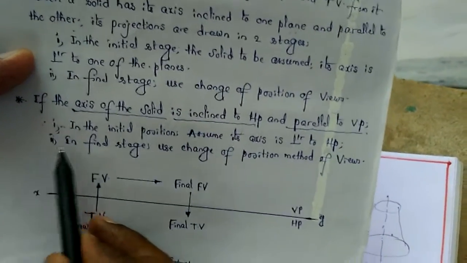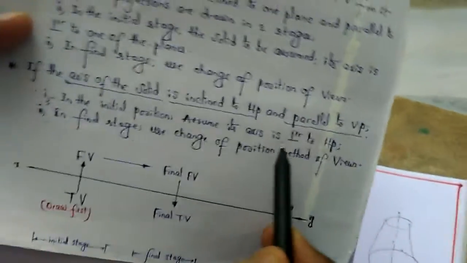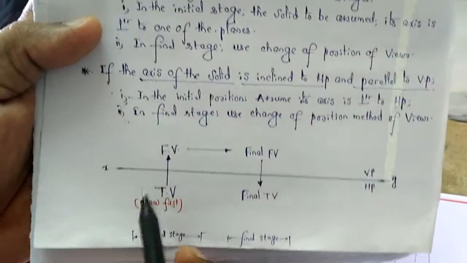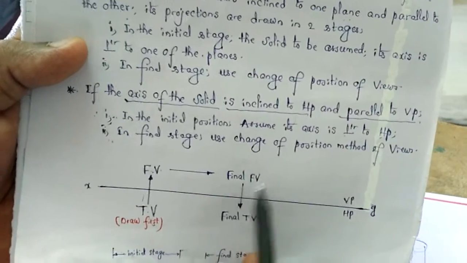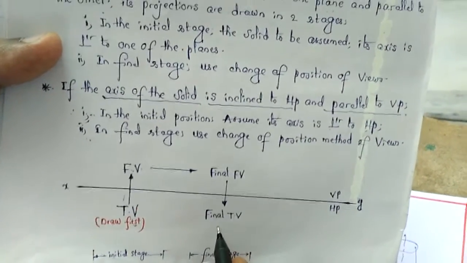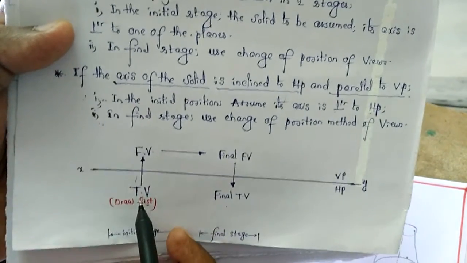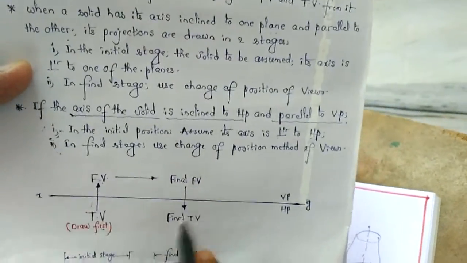In the initial stage, you assume that the axis is perpendicular to HP. Then first draw the top view, then project the front view, then implement the angle theta with HP. In this sequence follow the views: first top view, then front view, then final front view, then final top view.